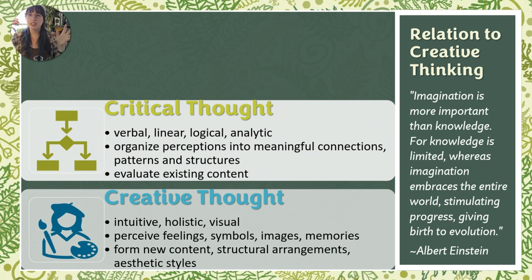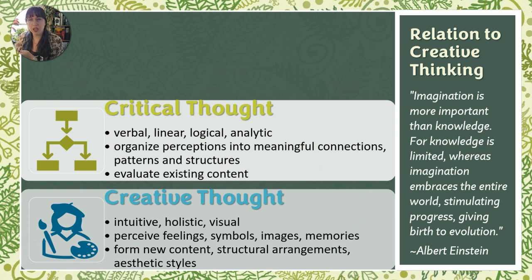We have these ideas, these concepts, these observations, these theories that we're imagining. Is this true? And if we can prove that we can express those things in language of some form, that makes it closer to true. Critical thought is how we organize our perceptions into meaningful connections, meaningful structures, and meaningful patterns.